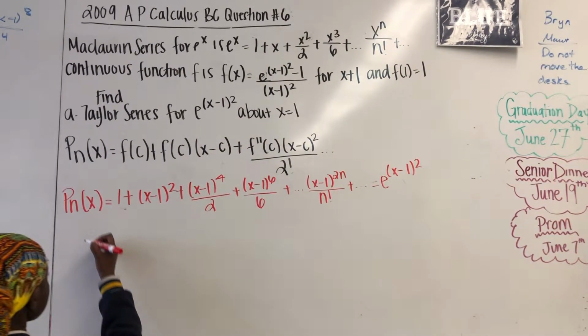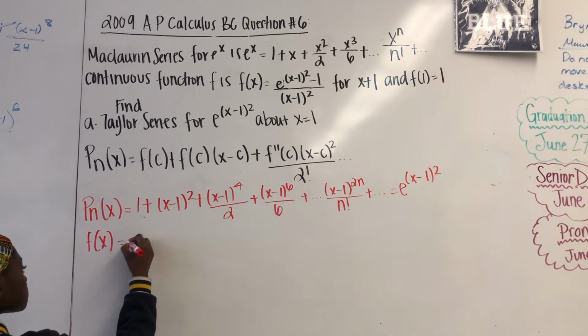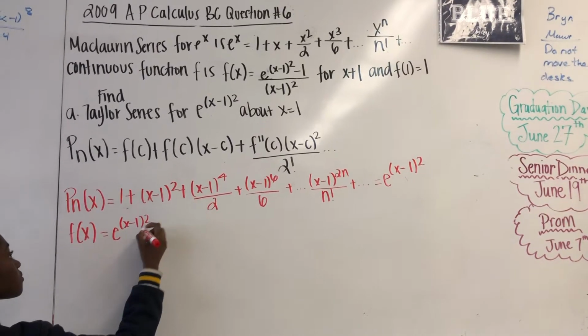In Part A, you already found what e to the (x minus 1) squared is. So what you would have to do in this case is take what you have and place it into the equation, which is f of x equals e to the (x minus 1) squared minus 1 over (x minus 1) squared.